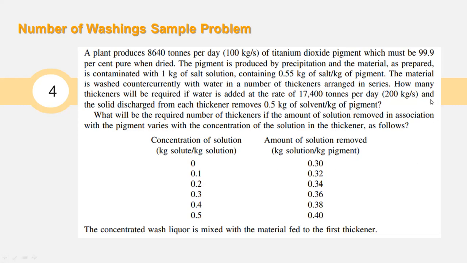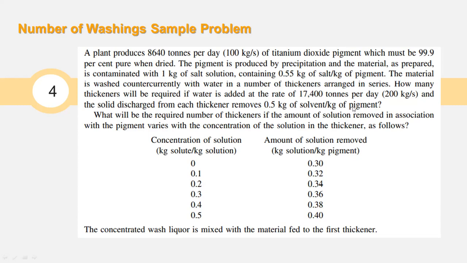Now, it's explicit here that when you are asked to determine the number of thickeners, the solid discharge from each thickener removes only this much of solvent per this much of pigment processed. This is fixed for all your underflows in your thickeners.